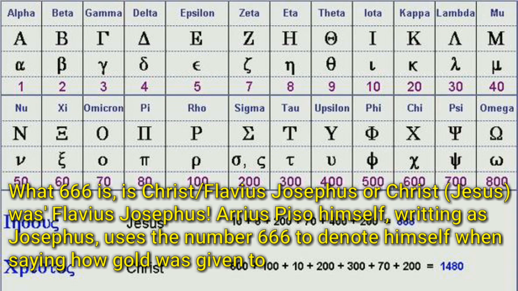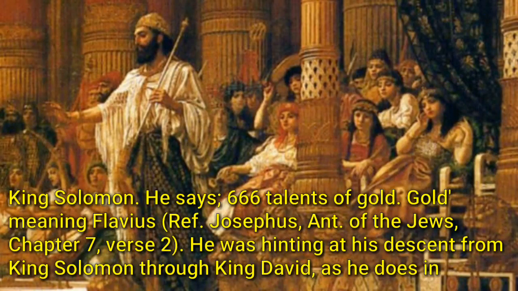Arrius Piso himself, writing as Josephus, uses the number 666 to denote himself when saying how gold was given to King Solomon. He says, 666 talents of gold. Gold meaning Flavius Josephus, Antiquities of the Jews, chapter 7, verse 2.